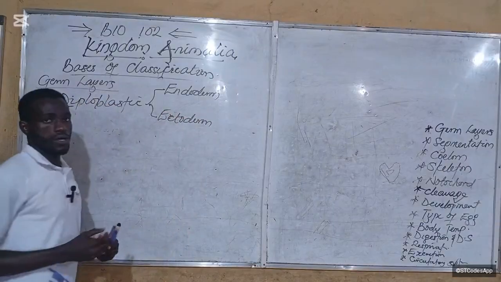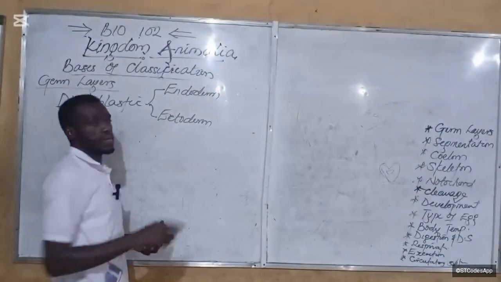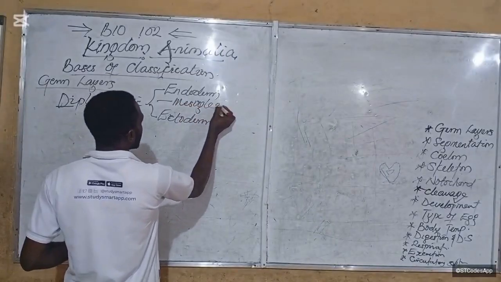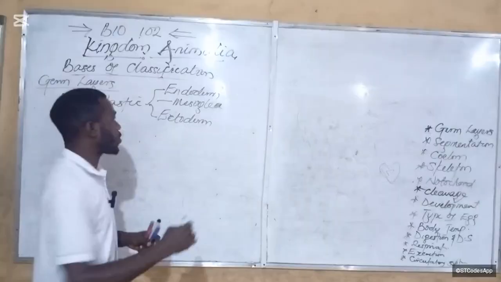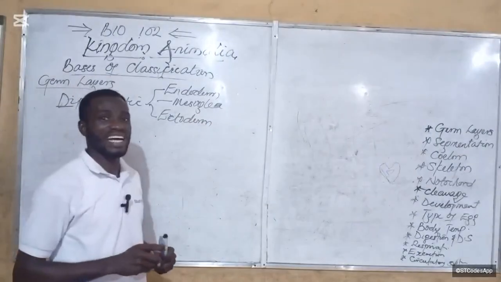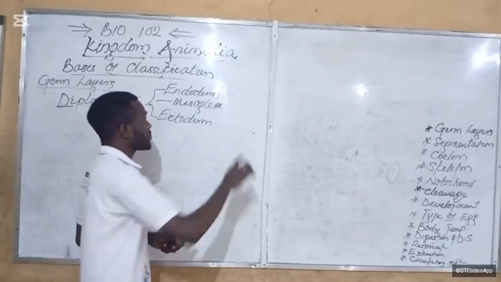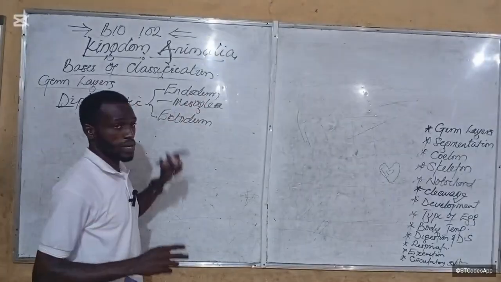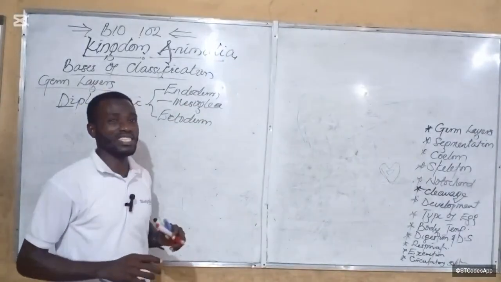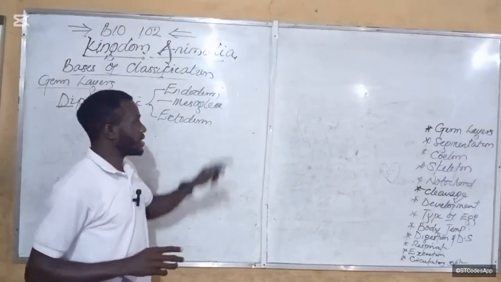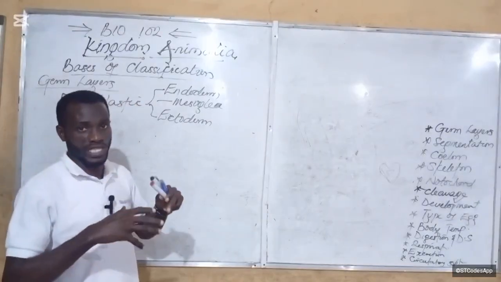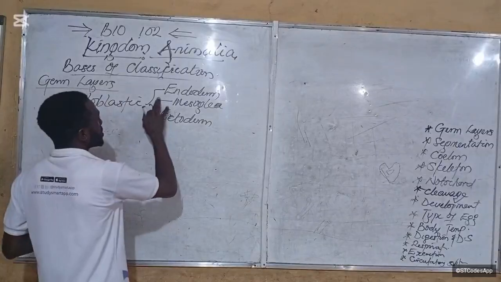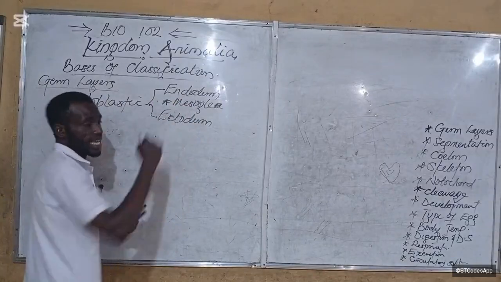The endoderm and ectoderm are separated by a mesoglea. Now, mesoglea is not a germ layer. Why? Because these two layers are layers of cells. They are composed of cells, while mesoglea is the non-cellular layer. In fact, it's composed of just fluid. So it is the fluid portion that separates the endoderm and the ectoderm.